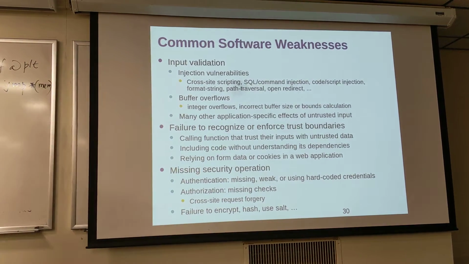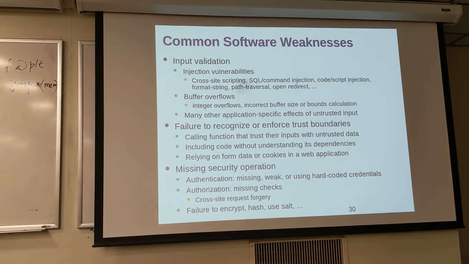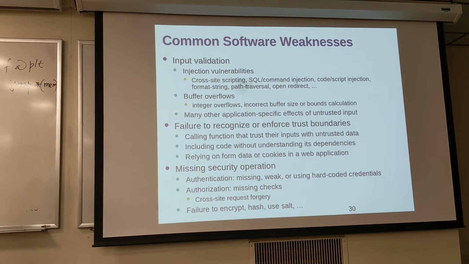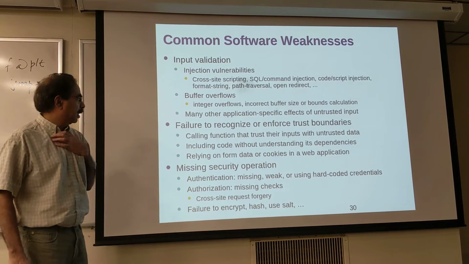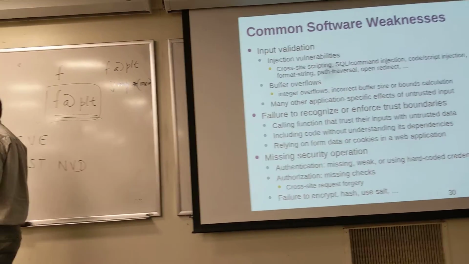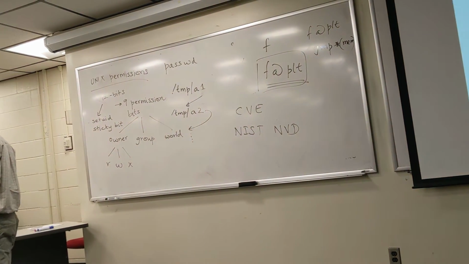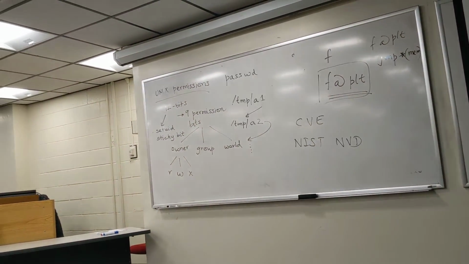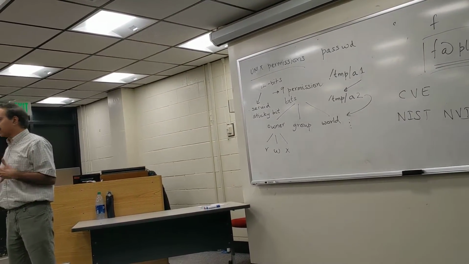Another category that is identified is what is called failure to recognize or enforce trust boundaries. There may be a function that assumes its input is benign, because there is no attack.